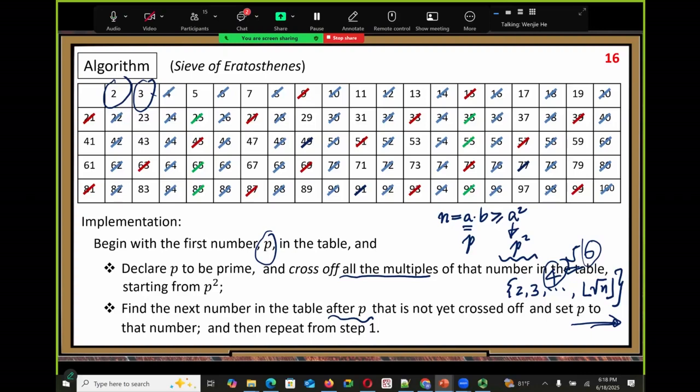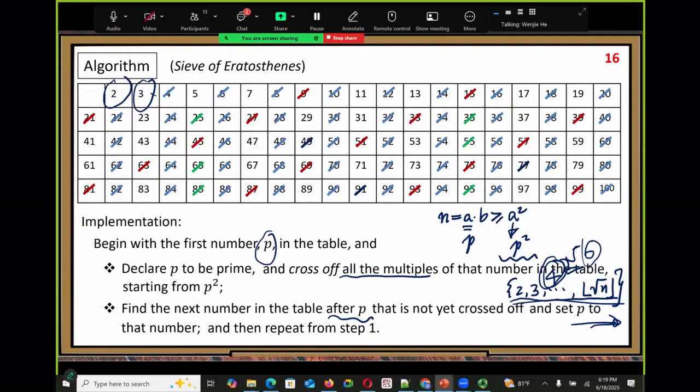So for that reason, if you want to make your code easier to write, people just don't skip. Go through all the numbers one by one in this range. Because when you work on multiples of 4, basically you do nothing.